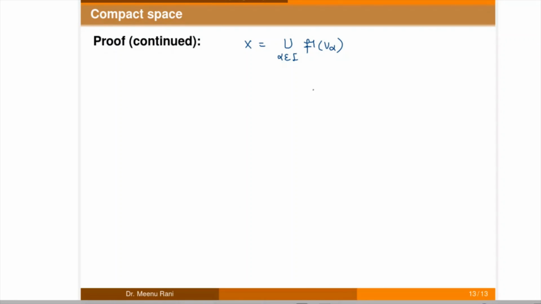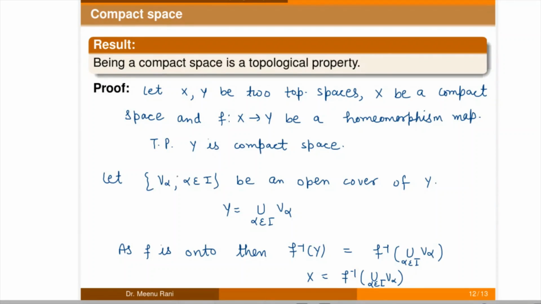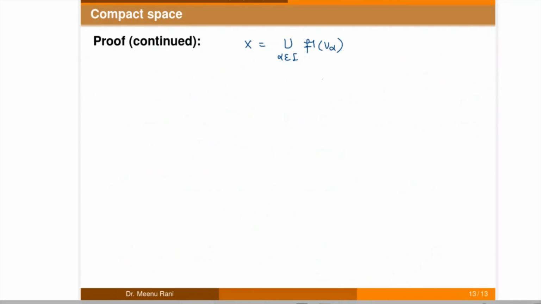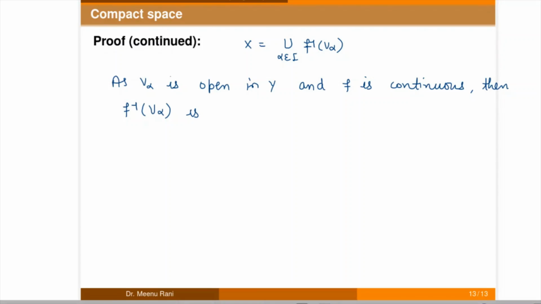So v alpha is a collection of open sets in Y as v alpha is open in Y, and because of the homeomorphism, f is continuous also. Then its inverse image, that is f inverse of v alpha, is open in X. So it is true for each alpha.